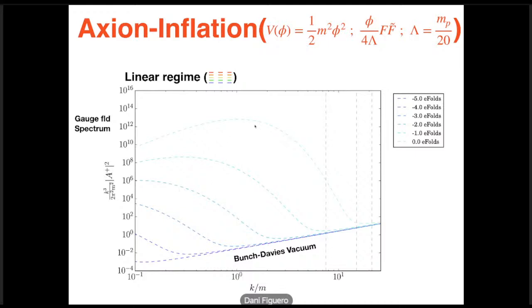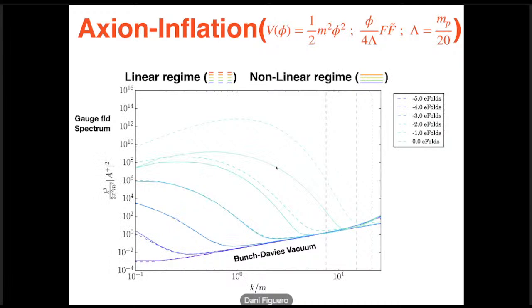I'm starting with the Bunch-Davies vacuum, and then as I go with the tachyonic instability and the e-foldings go up to 0, you see the tachyonic instability of the gauge field here. It grows orders of magnitude, the amplitude of the gauge field spectrum versus momentum.